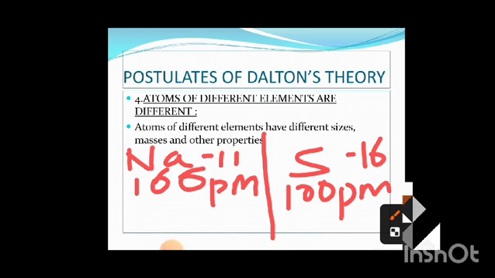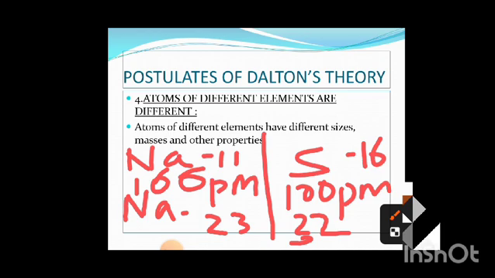And when we talk about mass, one atom of sodium weighs 23 atomic mass unit, whereas sulfur weighs 32 atomic mass unit.